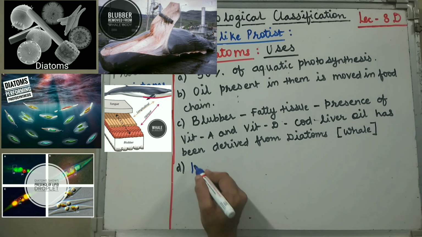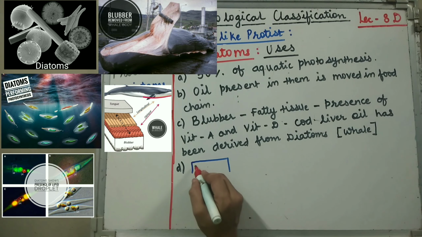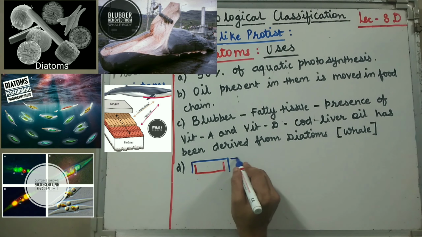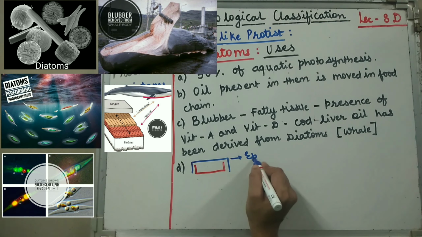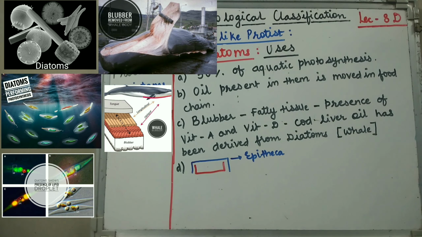I hope you remember a diagram which we have just drawn, which is going to show you the presence of epitheca and hypotheca. If you can remember this, there were some dots here. So this is your epitheca, and the below was your hypotheca.